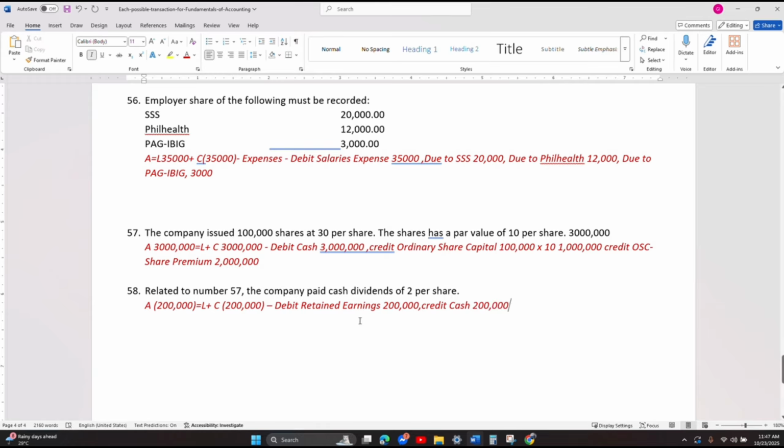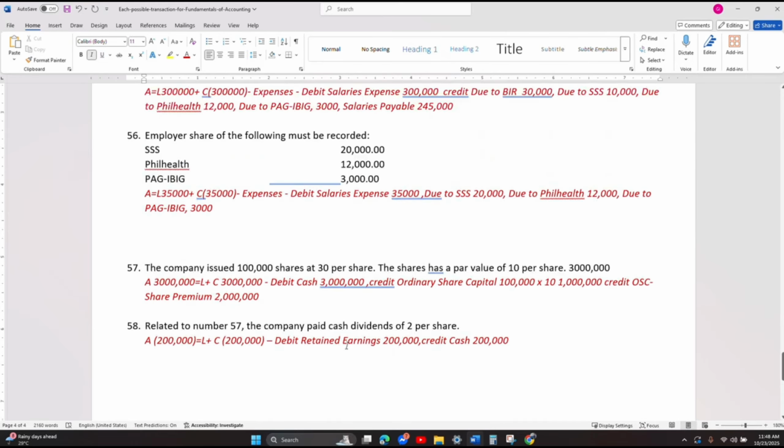That's the entry. So what is this retained earnings? In the corporation, the net income of the corporation will be stored here. From the very beginning of the corporation until the current period, it will be stored in the retained earnings. So that's the retained earnings account. That is not present in the sole proprietorship, because in the sole proprietorship, any net income will go directly to the owner's capital. Okay?